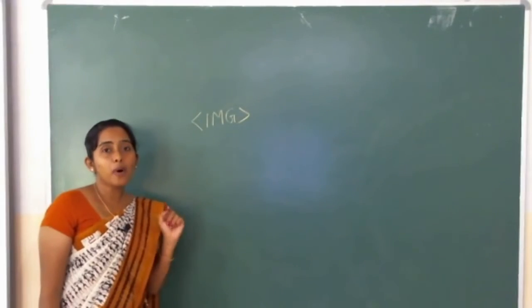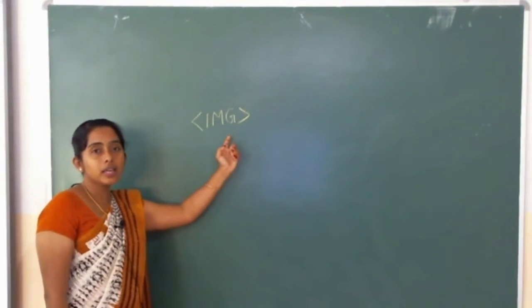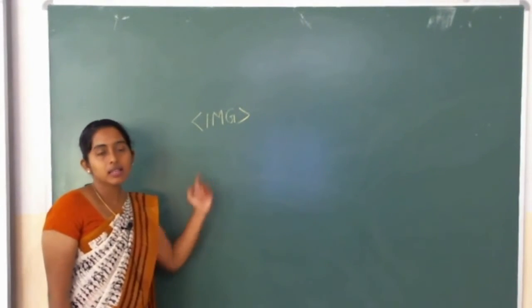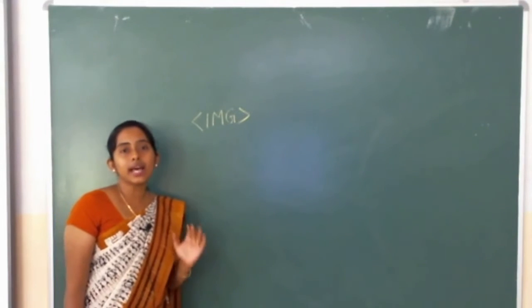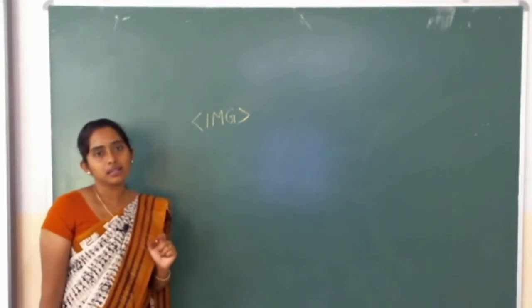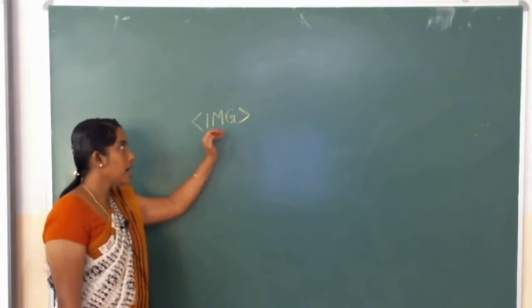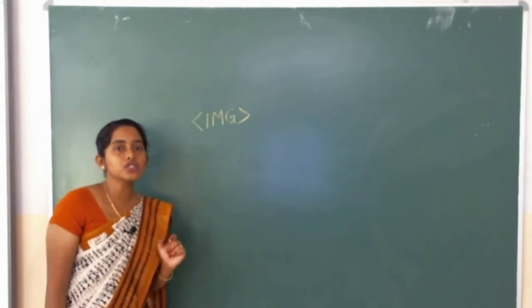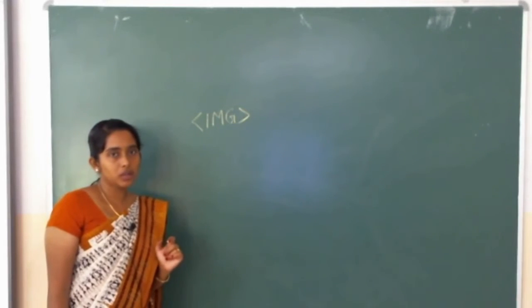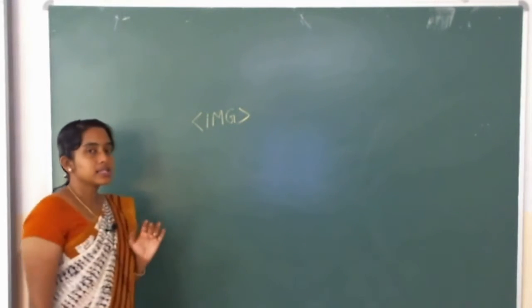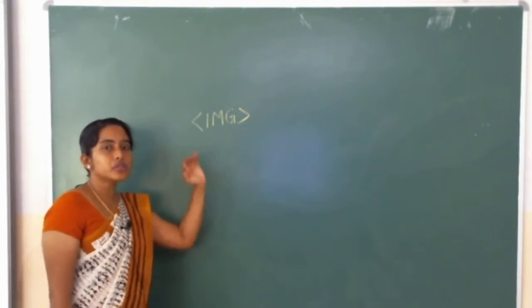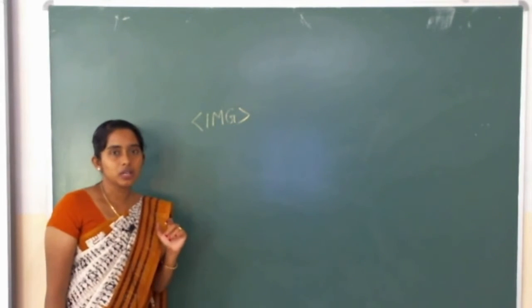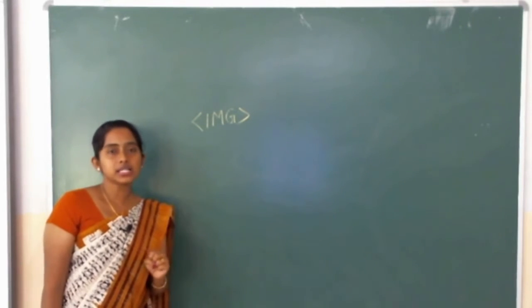The main point for this img tag is that there is no closing tag for the img tag. We use this img tag for inserting an image into a web page. Let's discuss the major attributes related to this img tag. Only some attributes we are discussing here.